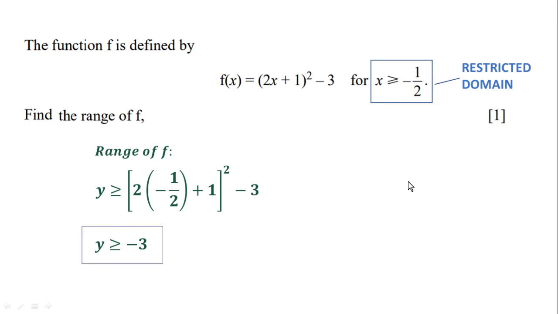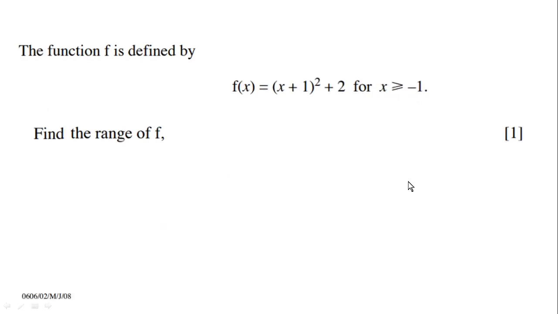Next question. The function f is defined by f of x is equal to x plus 1 squared plus 2, for x is greater than or equal to negative 1. Find the range of the function. You will notice that in here, negative 1 is your h, and your k is positive 2.